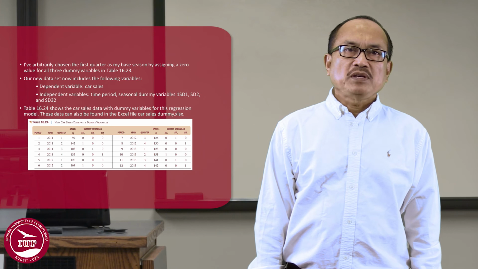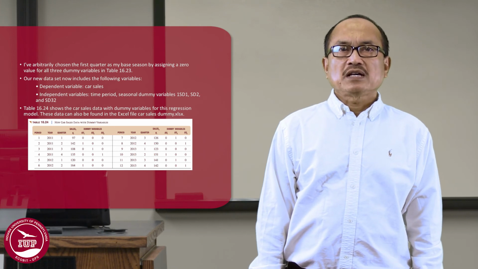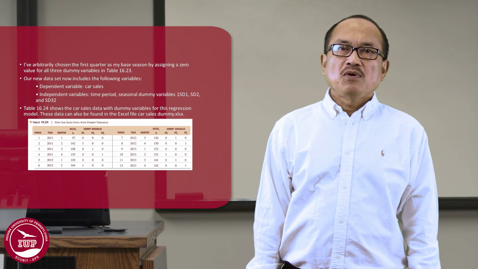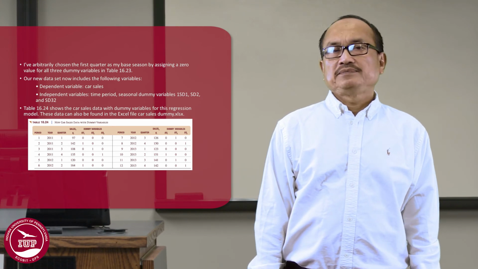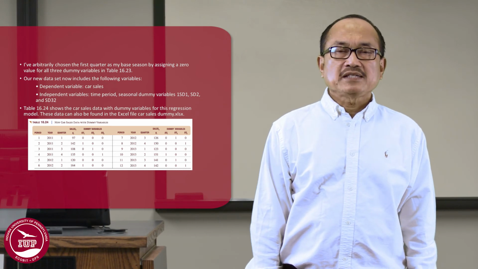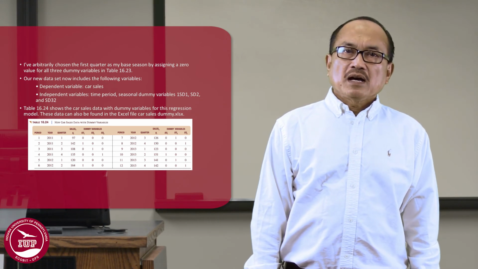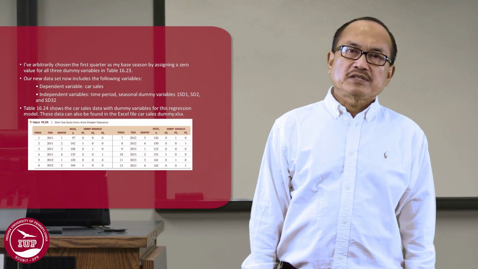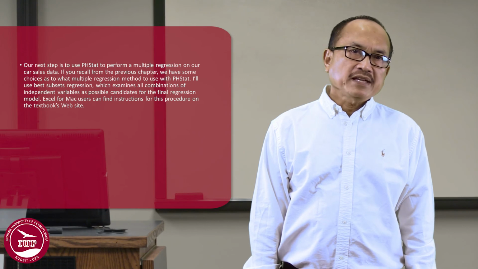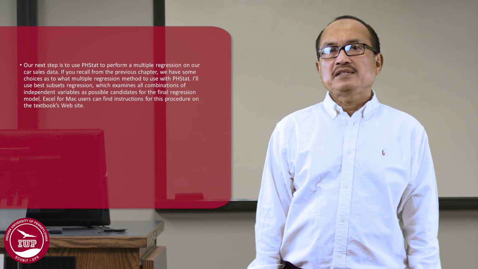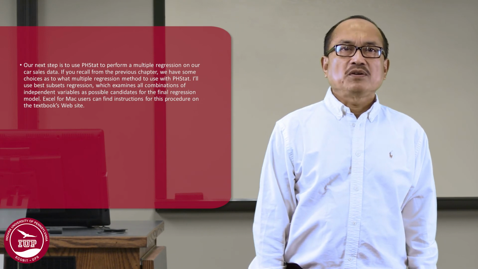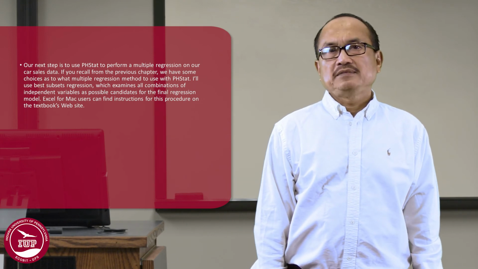Table 16.25 shows the car sales data with dummy variables for this regression model. This data can also be found in the Excel file carsalesdummy.xlsx. Our next step is to use PHStat to perform a multiple regression on our car sales data.